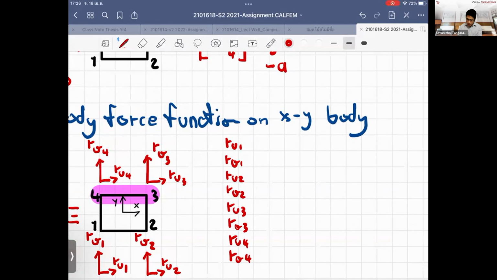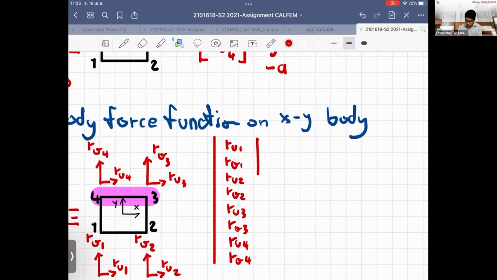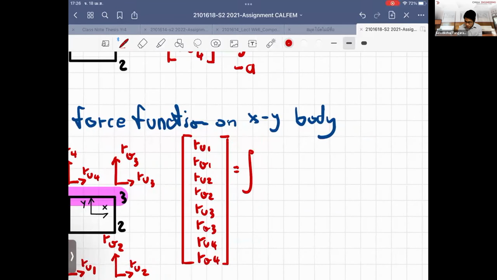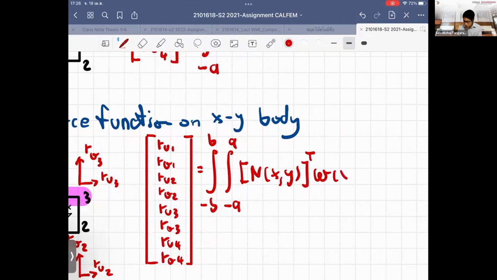Right, this is the alternation between U and V. U is a force in X, V is a force in Y. And then you just take the double integration from negative B to B, negative A to A. This is the standard formulation in X and Y. Take the transpose and you have the W in terms of X and Y times dx dy.